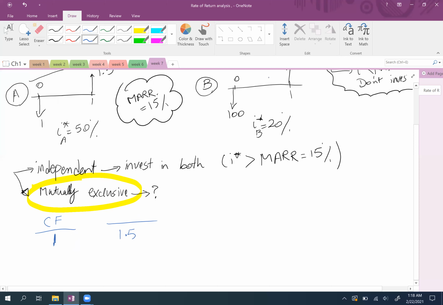If I consider this additional $99 that goes from project A to B, I'm just talking about alternative A. Do you agree that the additional $99 can at least be invested somewhere that, in the worst case scenario for me as an investor, can give me 15%? It's the minimum rate that can attract me. So it will be 113.85.